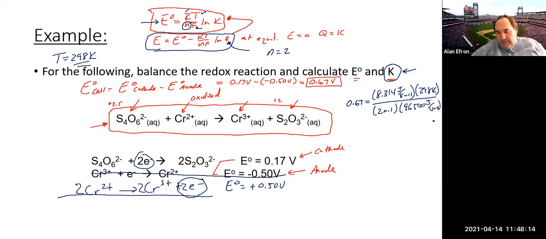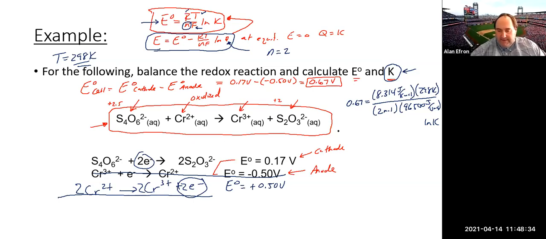And I'll write natural log of K to the right of that. So kind of cleaning up everything on the right-hand side, that's going to get us 8.314 times 298 divided by 2 and divided by 96.5.